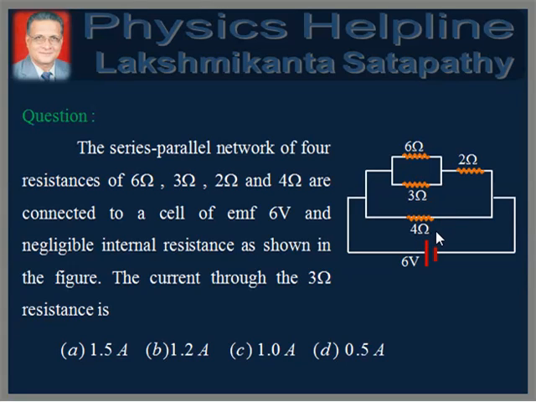And the 4 ohm resistance is in parallel with this upper branch. The whole system is connected across a cell of EMF 6 volts and negligible internal resistance. We are required to find the current flowing through this 3 ohm resistance.